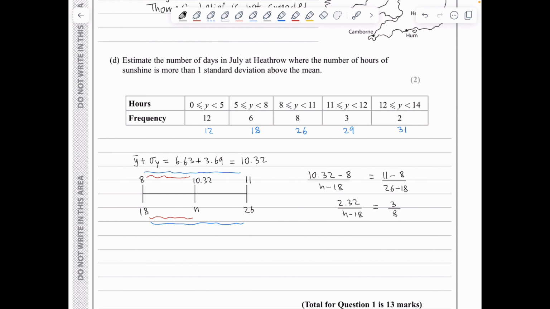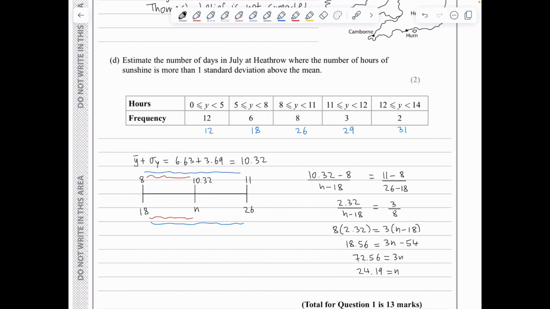I can cross multiply to get 8 times 2.32 is 3 times n minus 18. I will expand to get 18.56 is equal to 3n minus 54, leading to 72.56 is equal to 3n. I will divide by 3 to get 24.19 to be n.